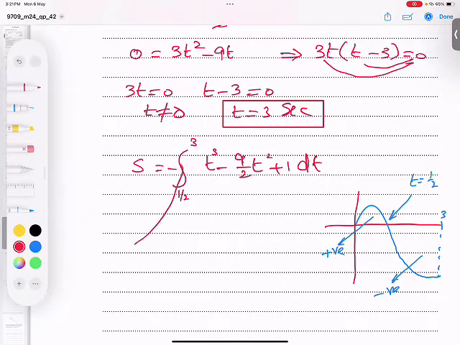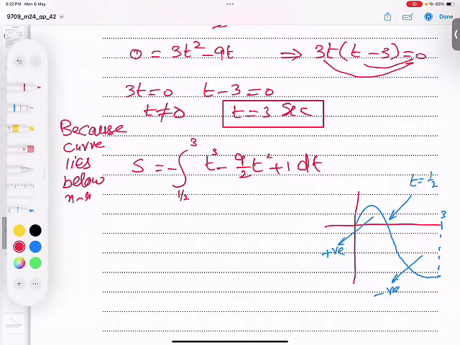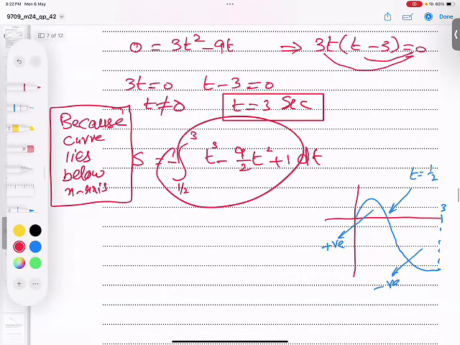You may be surprised why I'm keeping a negative sign: because the curve lies below the x-axis. This is the main reason, students. I hope you got my point. That is why I made it a positive sign here, a negative sign to make the distance positive. Whenever you integrate, it will give the answer.